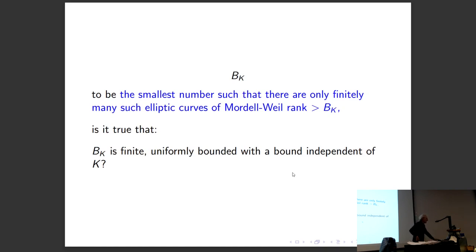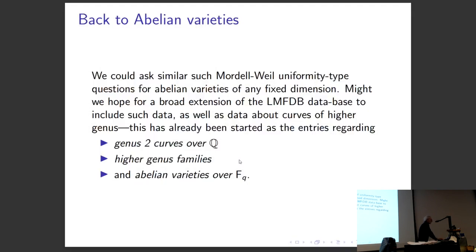Is it true that B_K is finite, uniformly bounded with a bound independent of K? It may well be true, and that might be a great project, I think. Not so much to prove, but to prove that the heuristic that was developed by those authors might extend. There's a suggestion of that.